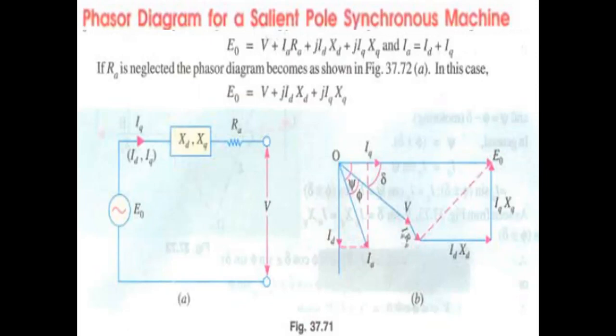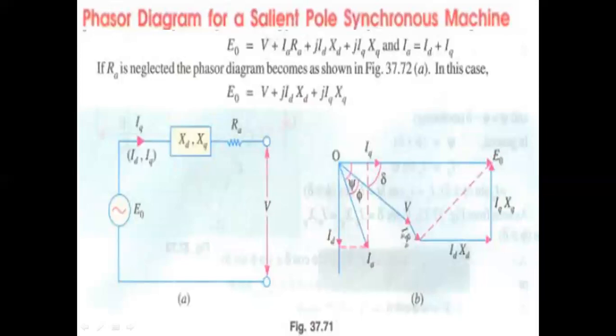So XD is equal to XAD plus XL, and XQ is equal to XAQ plus XL. Always XAQ is less than XAD, so XQ will be less than XD; that is, XD will always be greater than XQ.